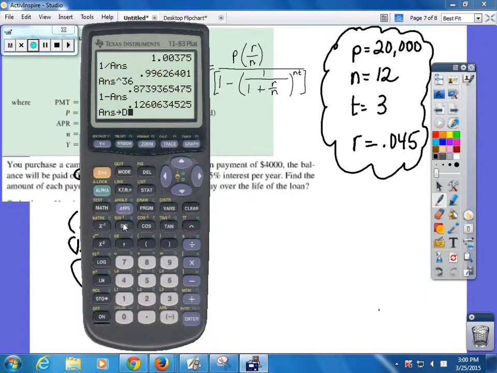I'm going to store it in the memory, Alpha D, and that's for denominator. And now I take my principal, which is 20,000, and multiply by R over N, which is 0.045 over 12.